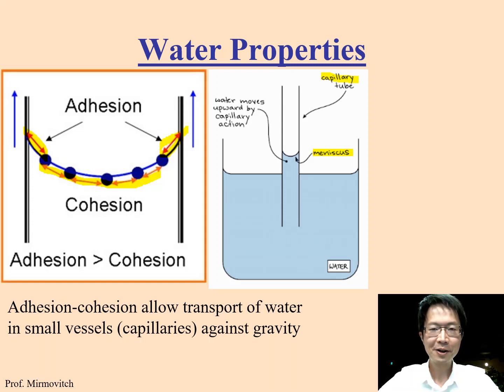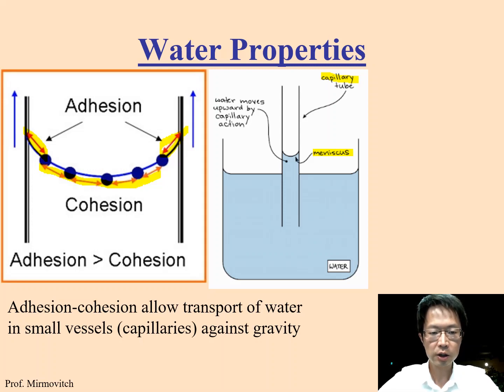So it is because of adhesion and cohesion that water will form a meniscus, and also due to adhesion, meaning that water will stick to a different surface, in this case a glass wall.